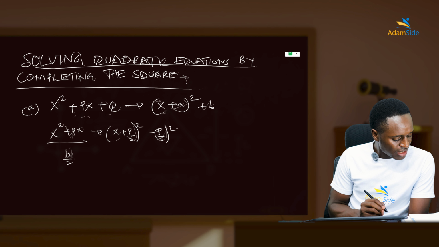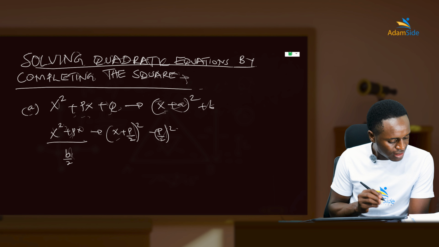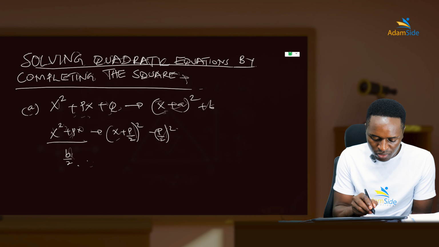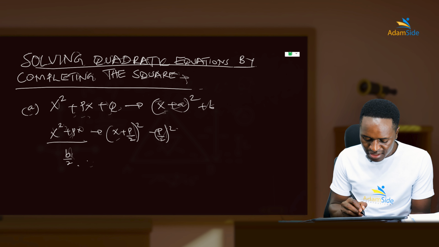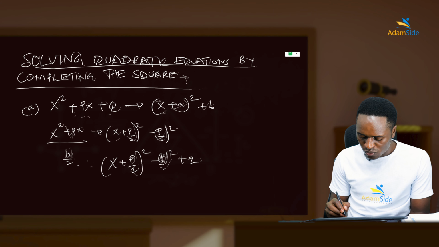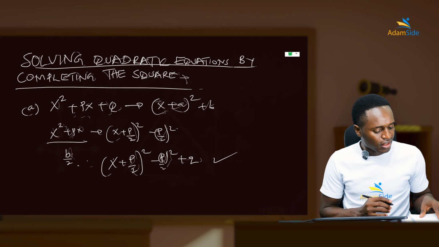Then step three: bring q back. So after expanding, we have x plus p over 2, squared, minus p over 2, squared, plus q. This is what we are going to deal with.